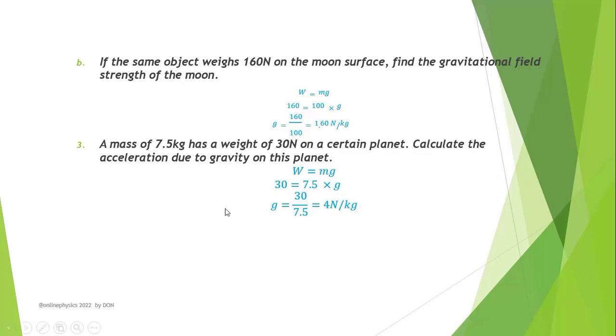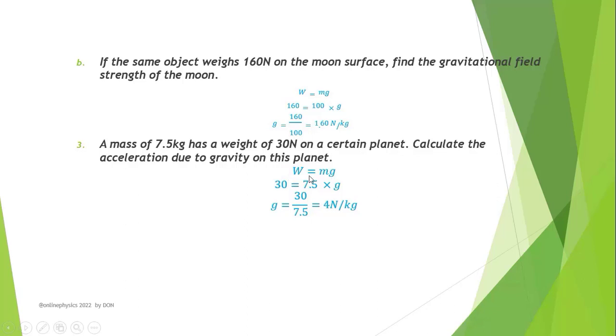Then moving on to the other question here, we have a mass of 7.5 kilograms that has a weight of 30 newtons on a certain planet. We are supposed to calculate the acceleration due to gravity on this planet. So in this case, we have the mass m, we have the weight, and we are supposed to look for g.